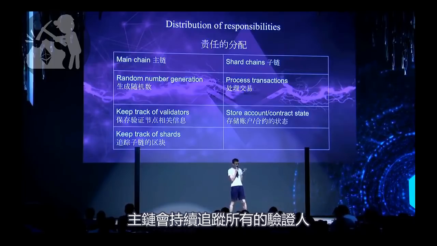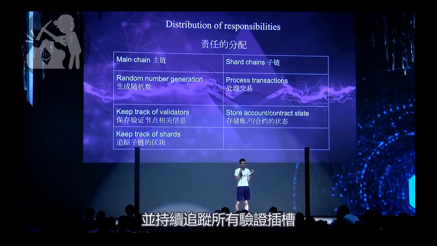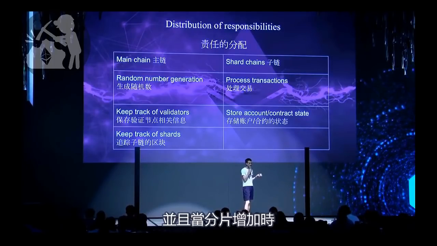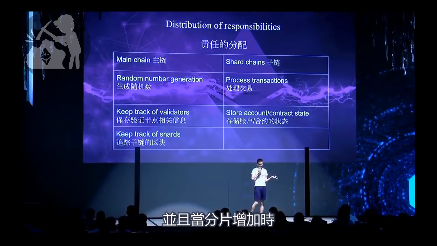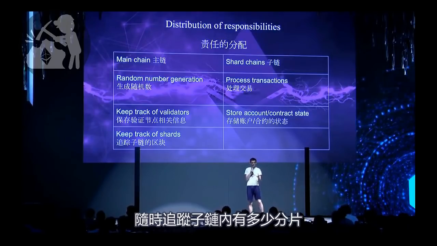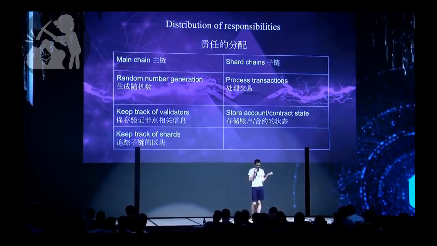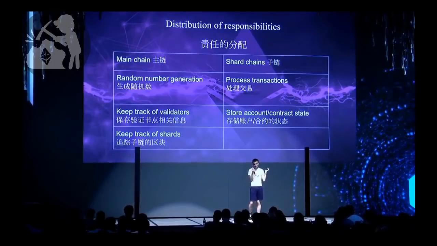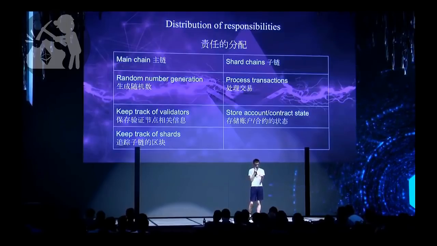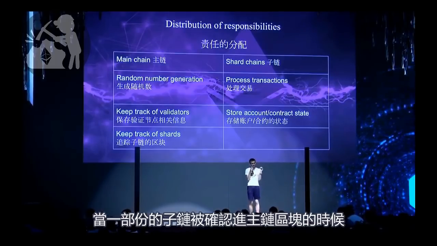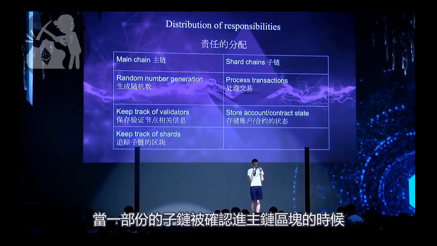The main chain keeps track of all of the validators, keeps track of all of the validator slots, and it also keeps track of shards in the sense of keeping track of how many shards there are, when shards get added, when portions of shard chains get confirmed into the main chain.